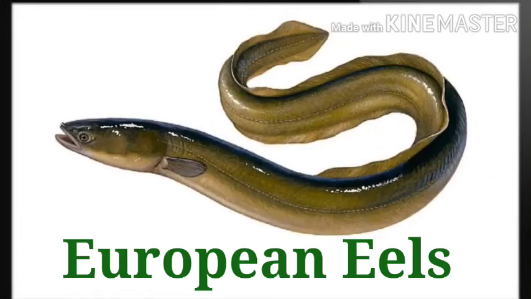European eels. They begin their spawning migration from European river and travel about 10,000 kilometers to reach their spawning area in the Sargasso Sea.